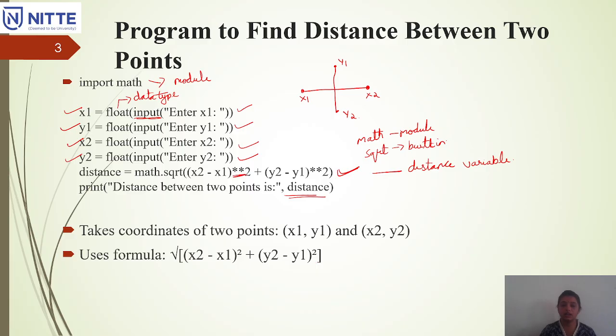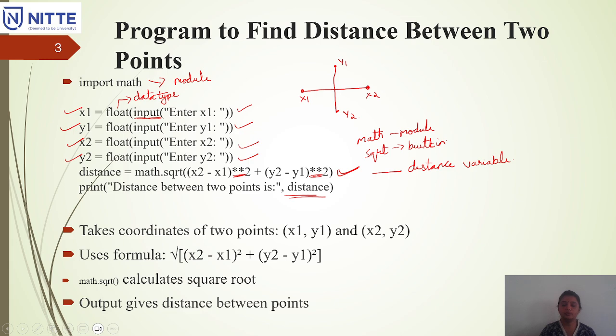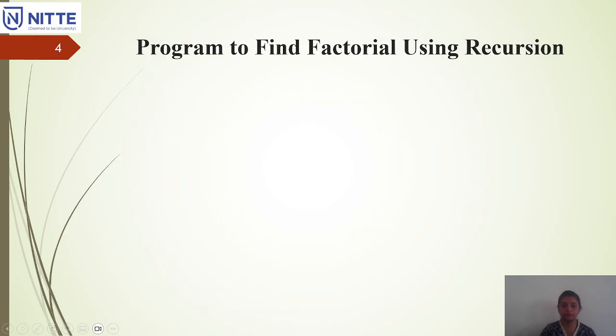As you know here, I've given double multiplication, which means the power of 2. So the math dot sqrt function calculates the square root, and the output for the 2 points will be stored in the distance variable.